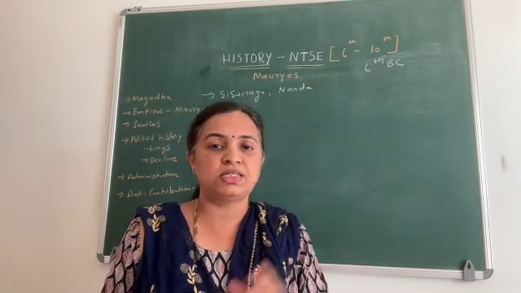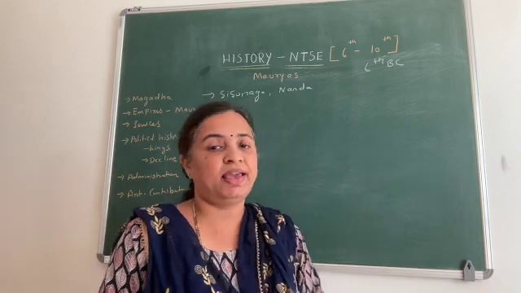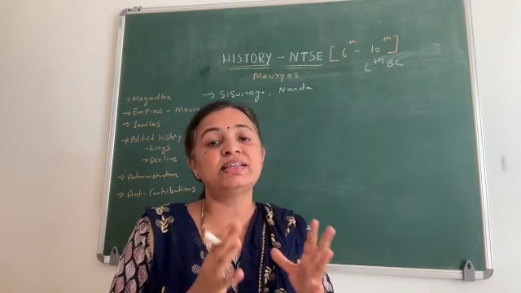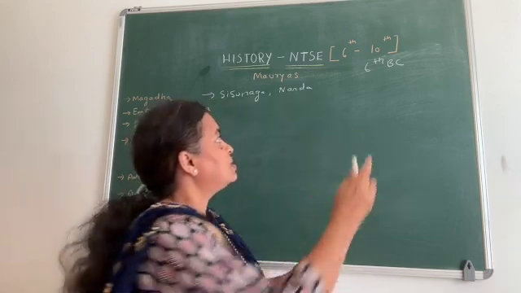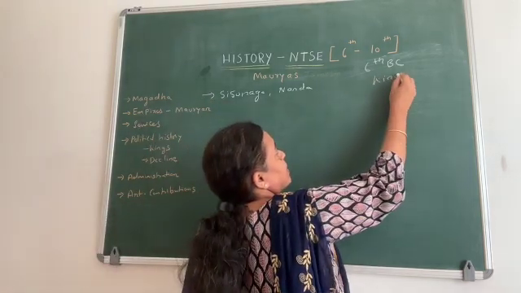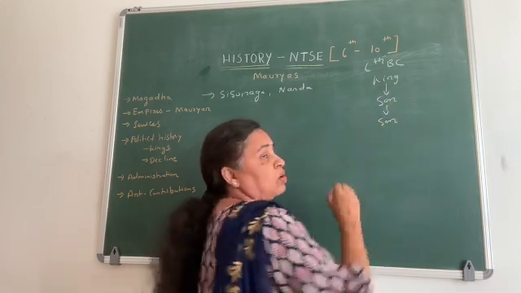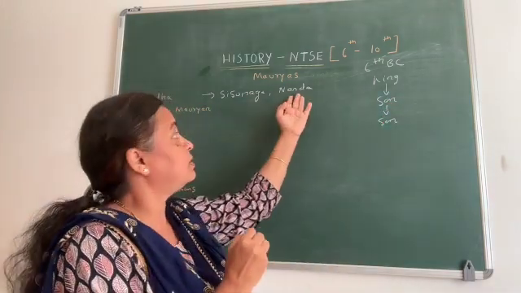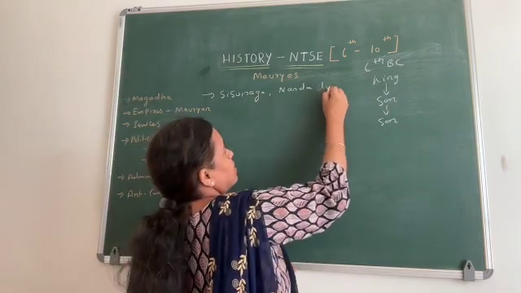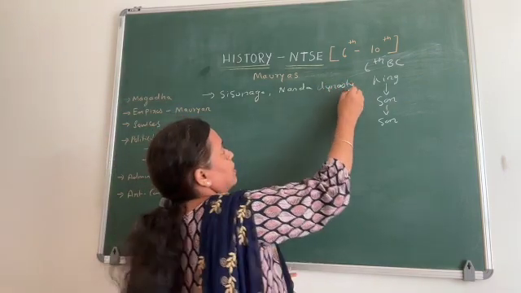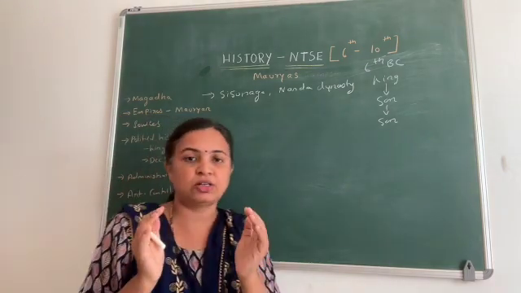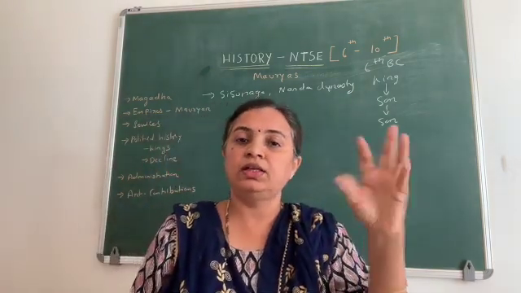So what is a dynasty? When we say a king, there is a dynasty. A dynasty means a king rules, after that his son rules, after that his son. So there was the Nanda dynasty in Magadha.